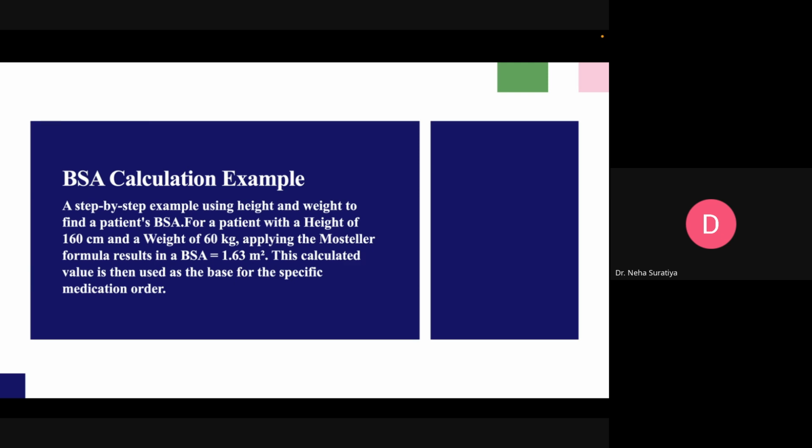So let's take this patient with height 160 centimeters and weight 60 kg. You can calculate BSA as the square root of height times weight divided by 3600. Multiply height and weight, 160 into 60, so you will have 9600.